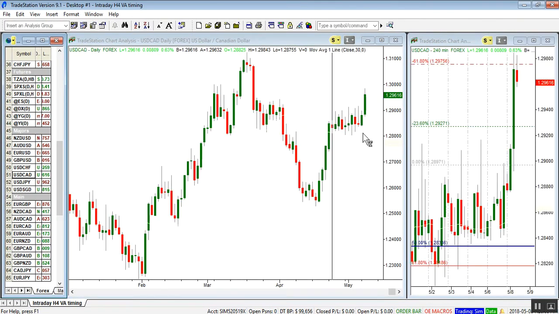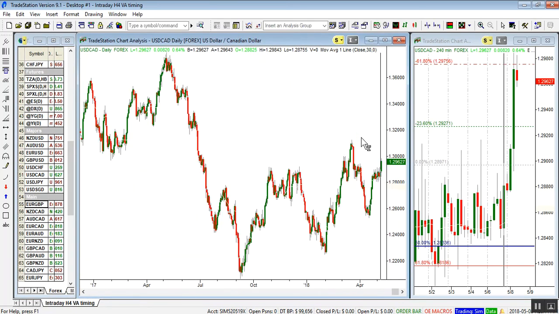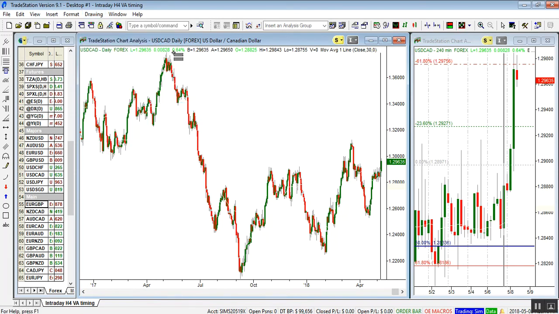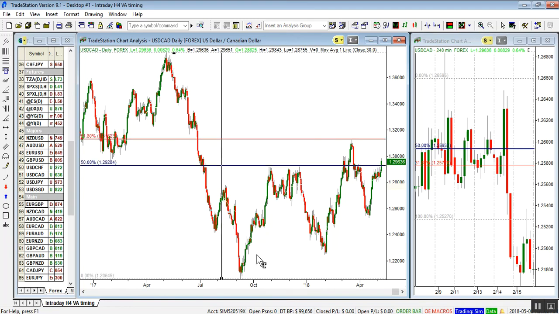Okay, so US dollar Canadian dollar, obviously with a strong dollar here, we are seeing this market also negating the previous sequence here.